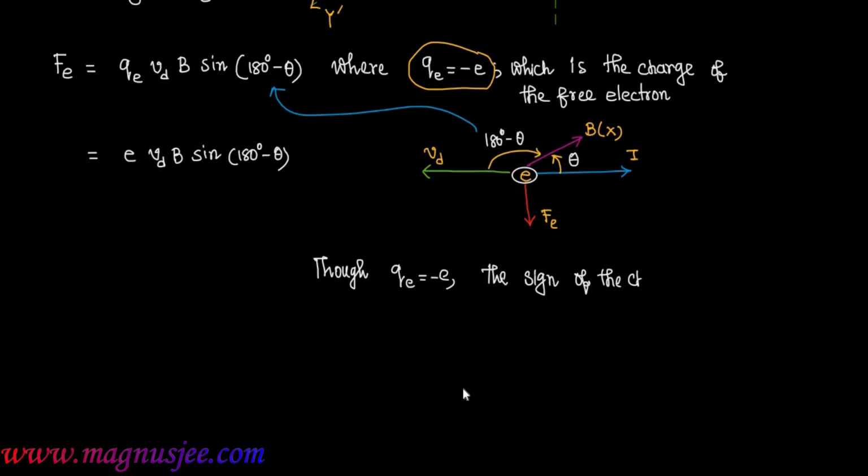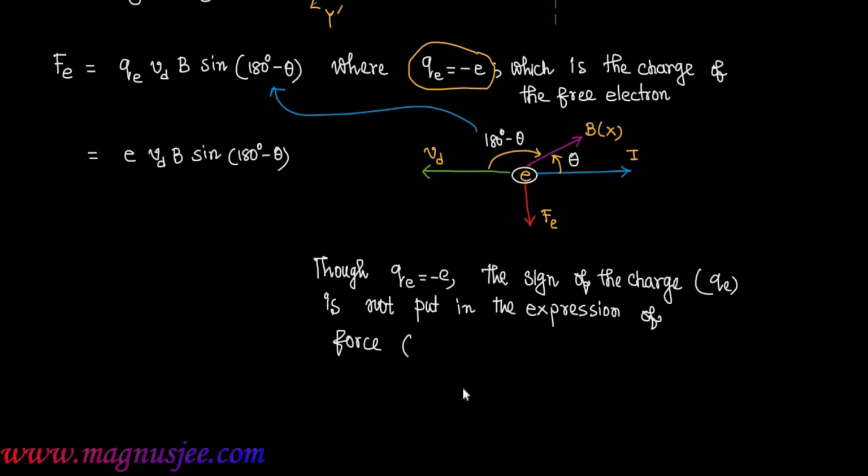Though QE equal minus E, the sign of the charge is not put in the expression of the force. That is, the sign of the charge is not used in the expression of the force Fe equal QE Vd B sine theta or sine 180 degree minus theta.